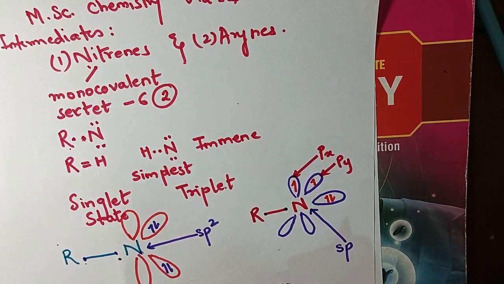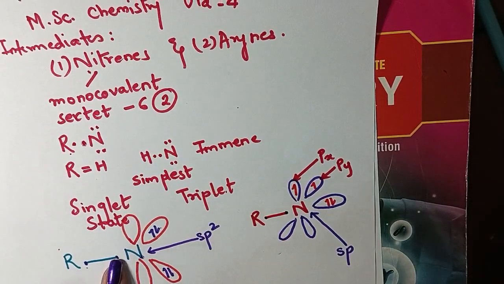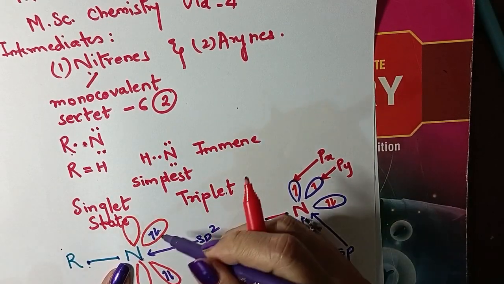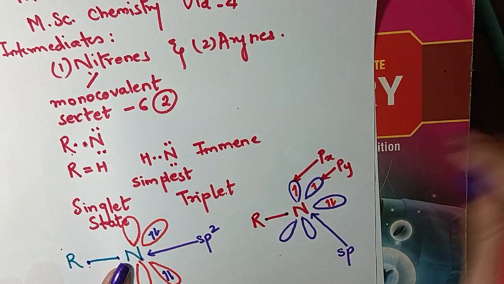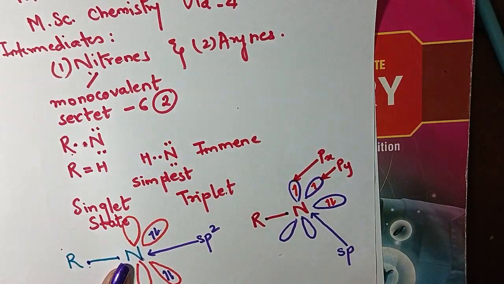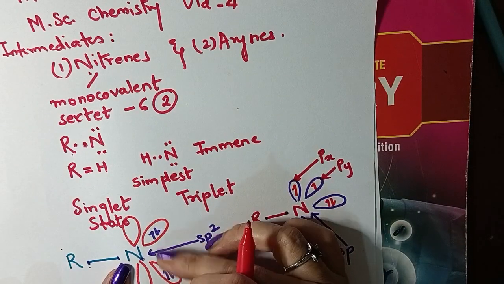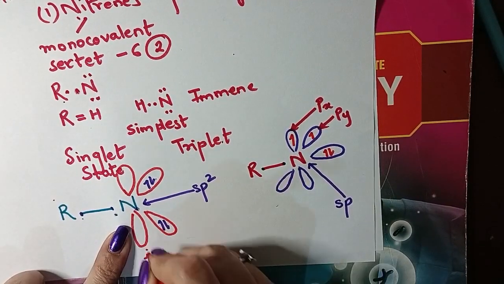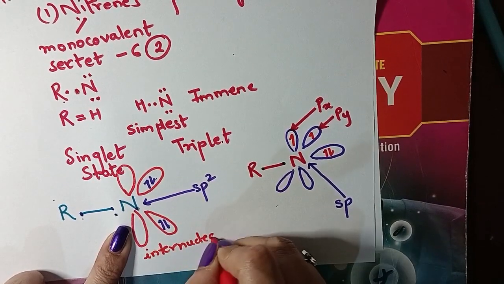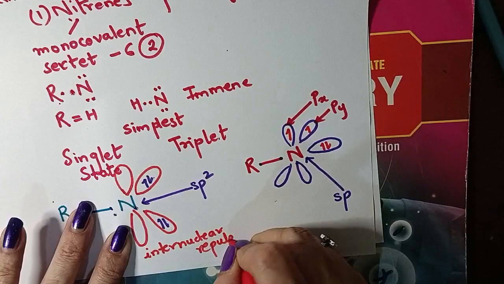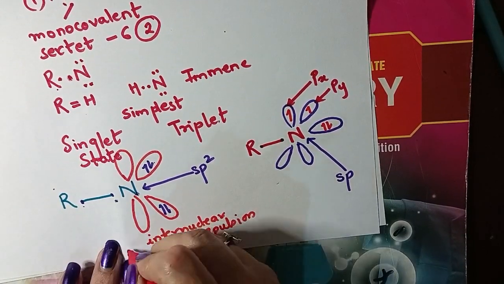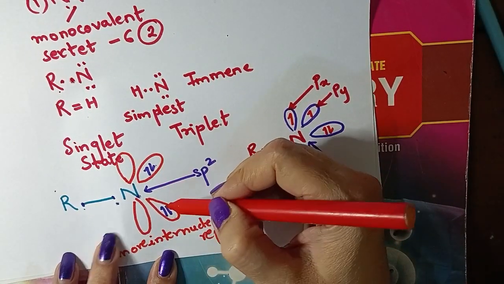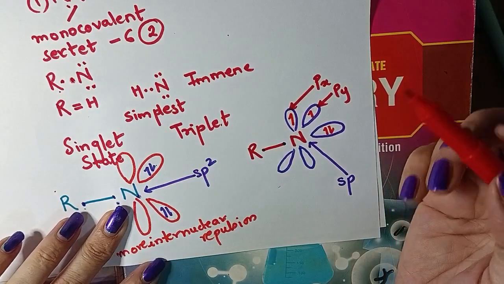Now, here in this singlet state, there are 2 lone pairs of electrons. Since there are 2 lone pairs of electrons, the internuclear repulsion between these 2 orbitals is much more. More internuclear repulsion can be seen since there are 2 lone pairs of electrons very near to each other.